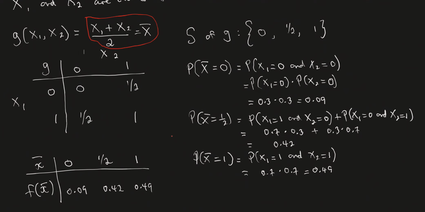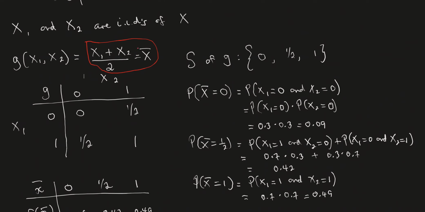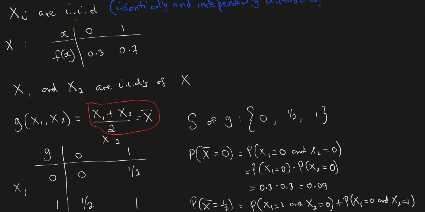The other thing that can complicate it is, instead of having 2, what if we had 20? Let me go back up. If we had 20 of these random variables, all identical, all independent, and we wanted to know the distribution of that average, a simple table like this wouldn't be that practical anymore. It would be a lot more complicated, right?